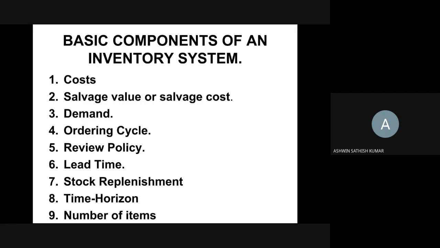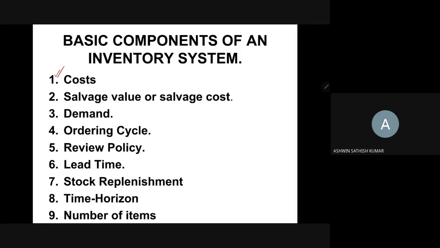So here now we will study in an inventory system what are the basic components. We know what is the inventory system, what is the objective of the inventory system. Now, how can we do the mathematical modeling? For the mathematical modeling purpose, we require the following basic components. Naturally, there must be the involvement of different types of cost.